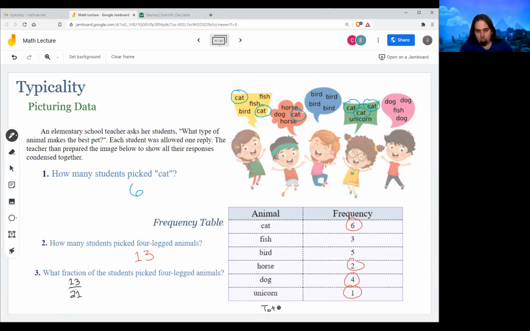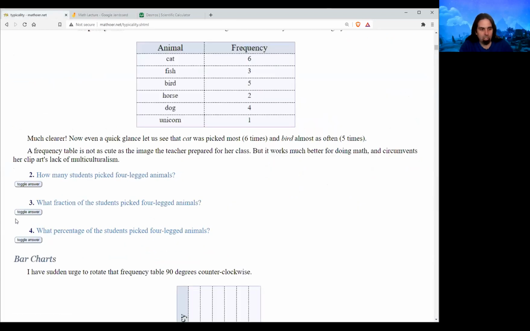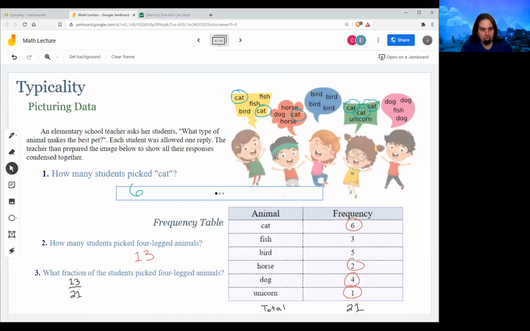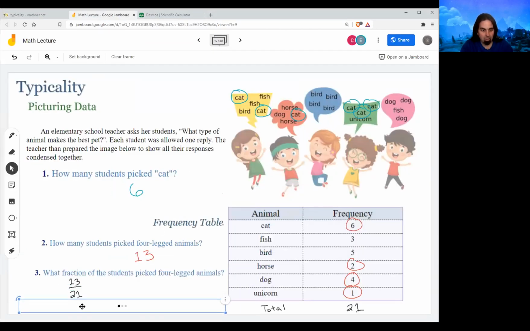Often a frequency table will have something at the bottom that says total. We could ask what percentage. How would we change the fraction into a percent?